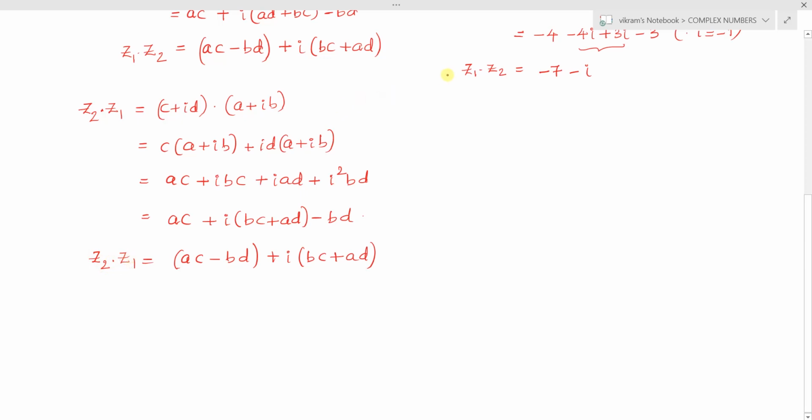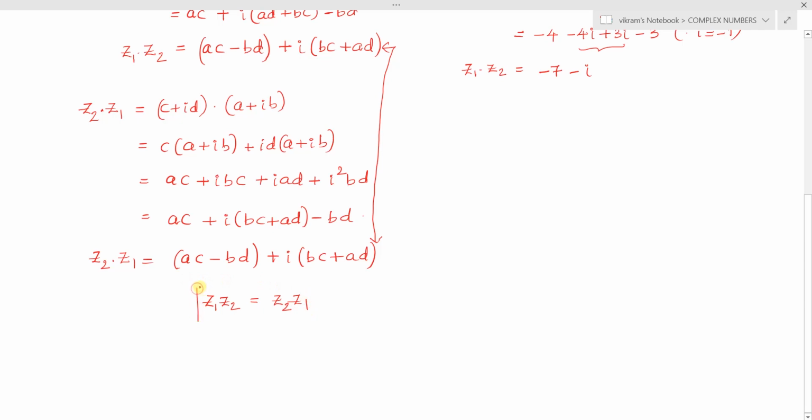That means whichever way you perform it, z1 into z2 gives ac minus bd plus i times bc plus ad, and z2 into z1 also gives ac minus bd plus i times bc plus ad. So we can write z1 into z2 equals z2 into z1.